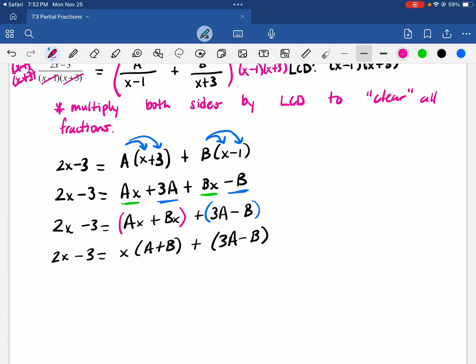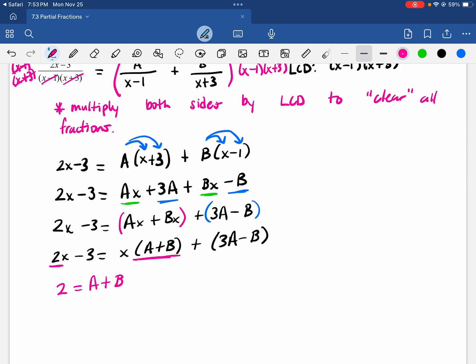I have 2x and then x times A plus B that both have an X. So since they both have an X, that tells me I can set those two things equal to one another.